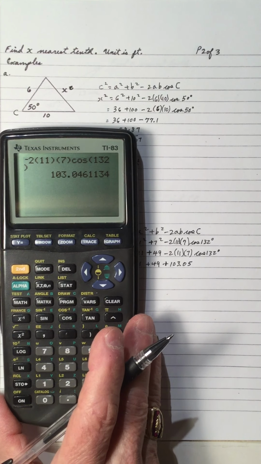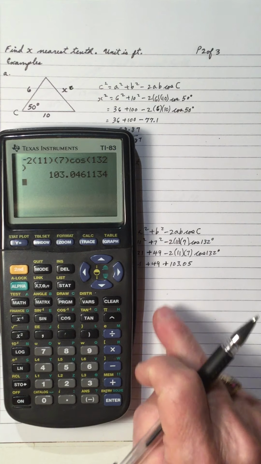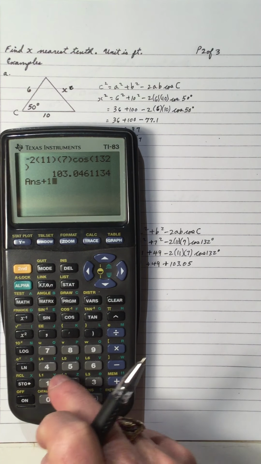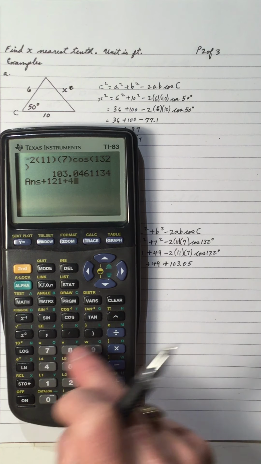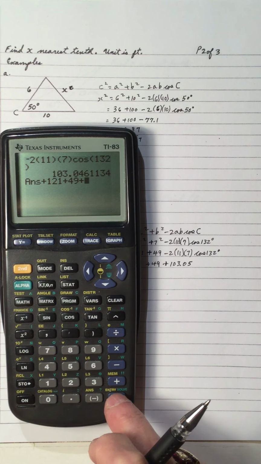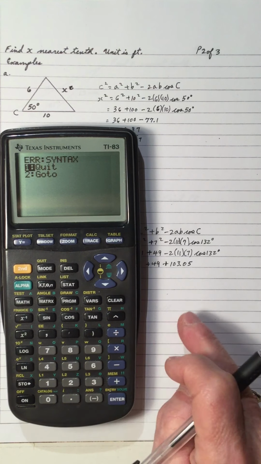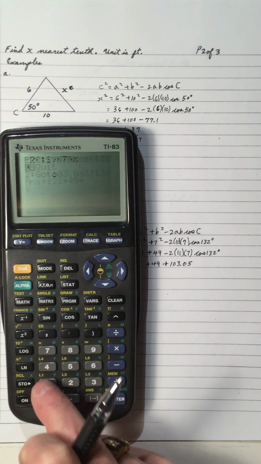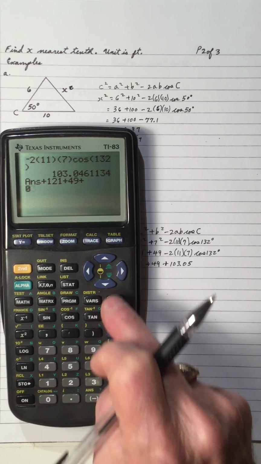Now that you have that, you can add on these two numbers, 121 and 49. Press equal. See what happened? I had a subtraction in there, so you have to be careful with the calculator. Let's clear that.